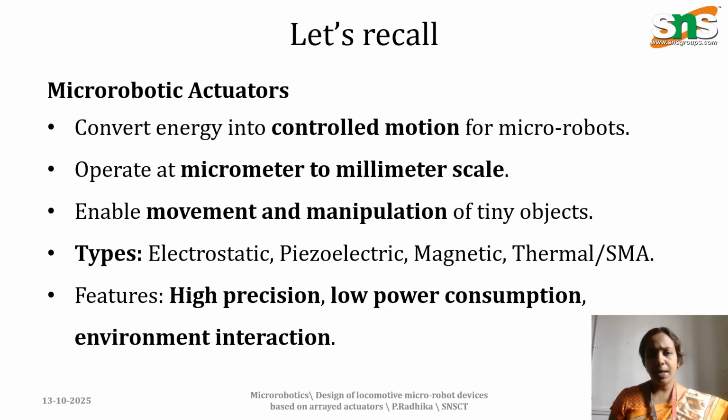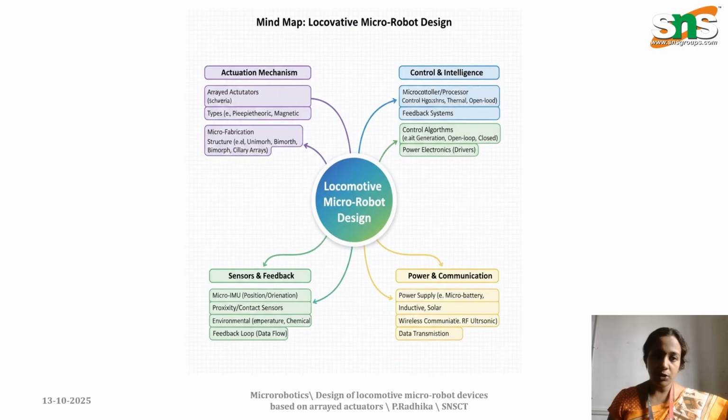If the movement has to be very fast, if the movement is heavy, if the movement is light and slow, based on these necessities, we will be selecting the actuators. That is the electrostatic, piezoelectric, magnetic, and thermal actuators.